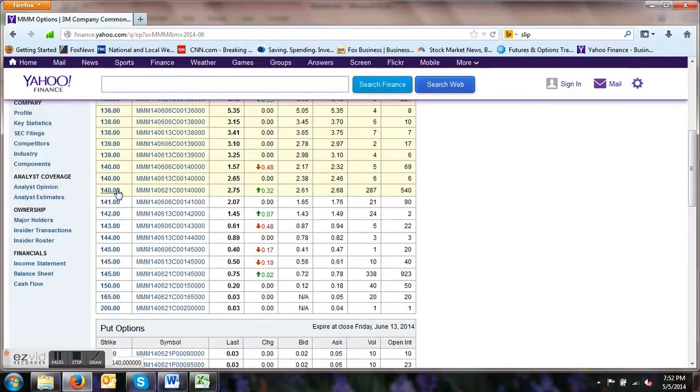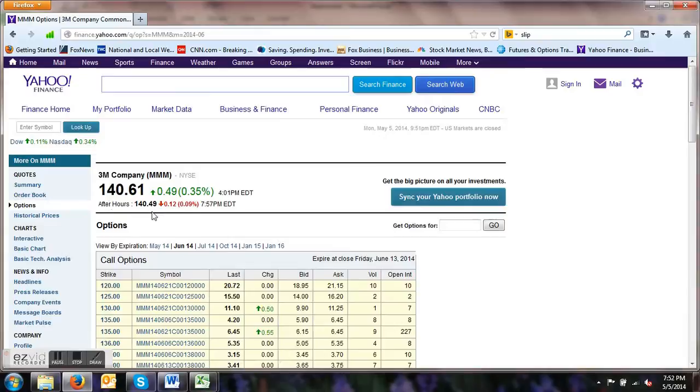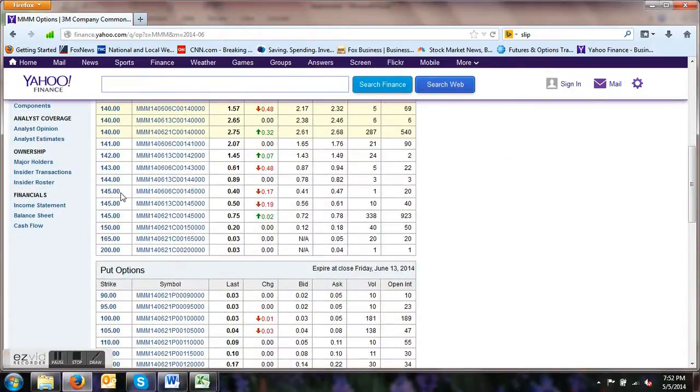I'm using the at the money option for the call. The closing price was at 140.61. So you can do this with either the 140, 141, meaning the one that's just below the price, or the option that's just above the current spot price in the market. And this option is worth $2.75.